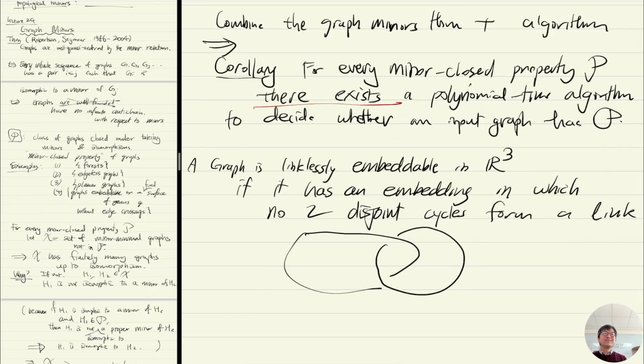And a graph is linklessly embeddable if no two cycles form a link. Now, this property is closed under taking minors, right? Because contractions in three-dimensional space still work like contractions in planar graphs. You can contract, and that still works. When you delete an edge, a linkless embedding is still a linkless embedding. So this is closed under taking minors.